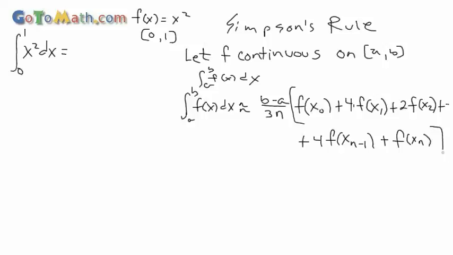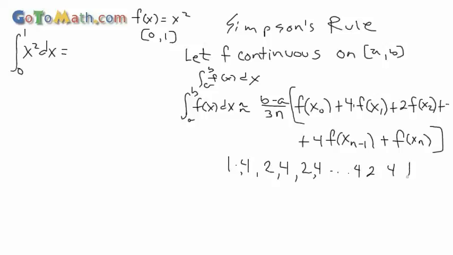Now you might be wondering, where are these coefficients coming from? Let me state this pattern. 1 being the first coefficient of f of x naught, and then 4, 2, 4, 2, 4, dot, dot, dot, 4, 2, 4, 1.